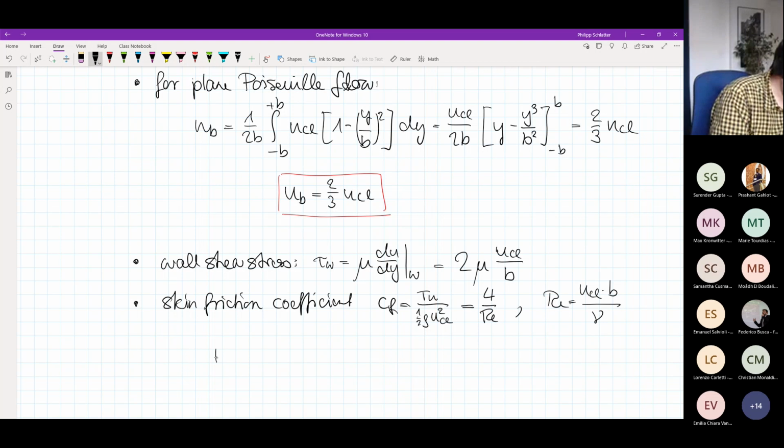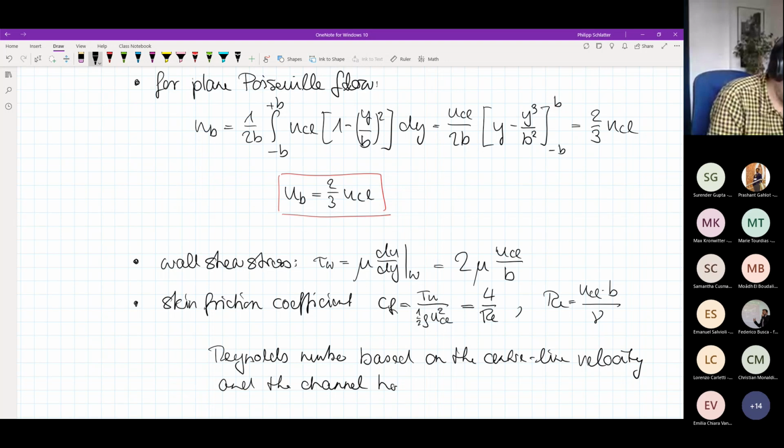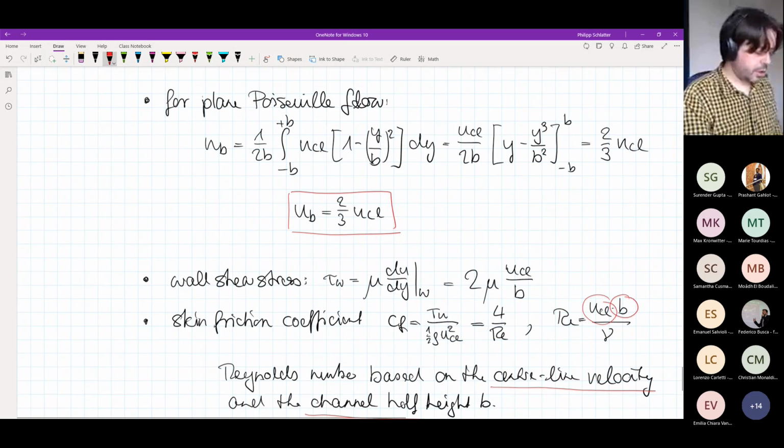So in this case, as I was saying, the Reynolds number is based on the centerline velocity, and the what we call the channel half height, B. So the centerline velocity, that's UCL, and the channel half height, B. Okay.